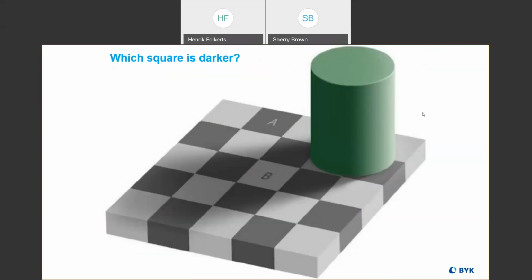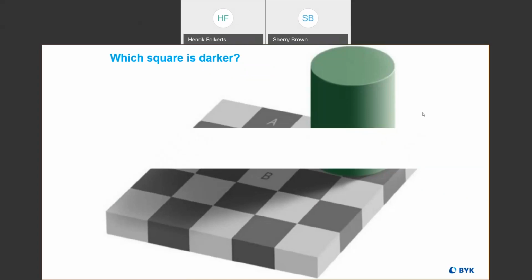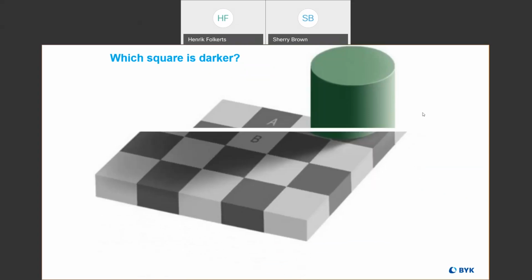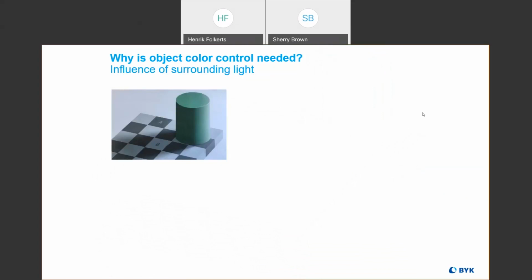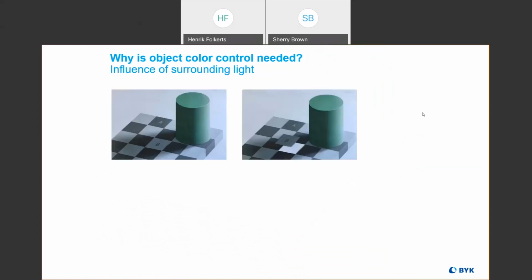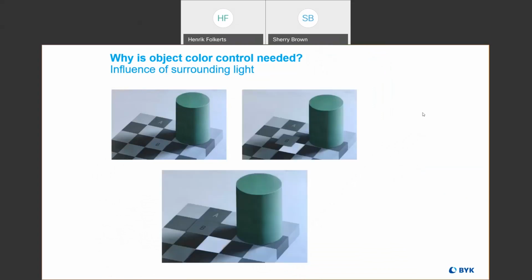Here we have a little optical test. The question being presented is which of these squares is darker, the A square or the B square? To my eye, the B square looks lighter than the A square. The A square looks darker. But if we cut out the middle and put them together, we can see that these two squares are actually the same color.